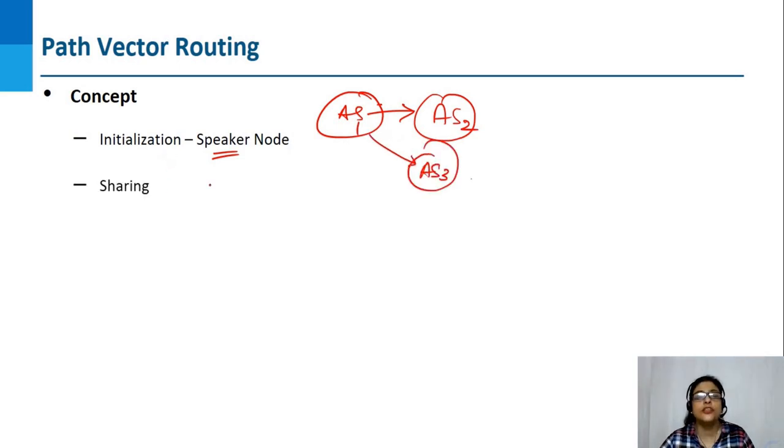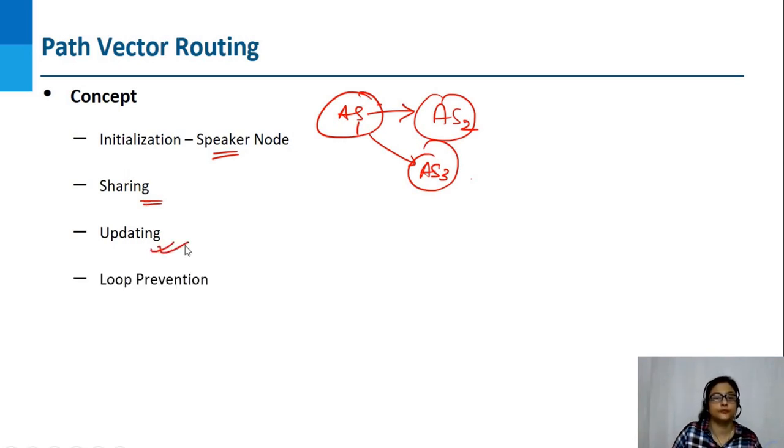Then after initialization, sharing of information is done as in distance vector routing to update the routing tables. Then updating is done for each of the routing tables. There is a term which is called loop prevention. This loop prevention is done to prevent the instability.